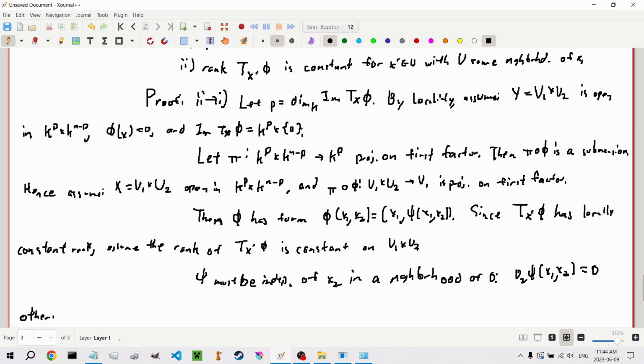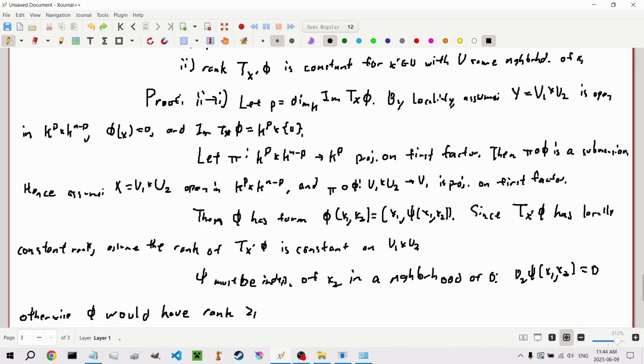Otherwise, phi would have rank greater than p.